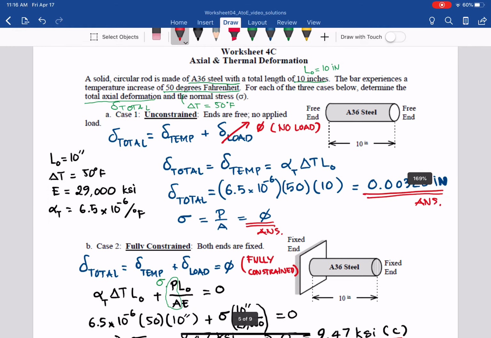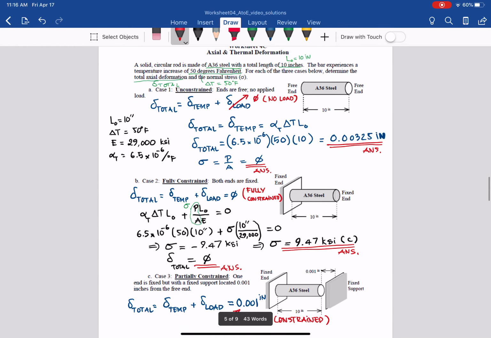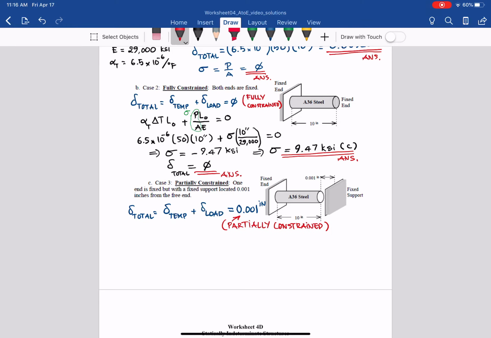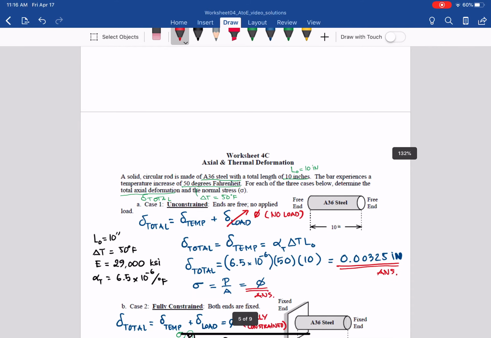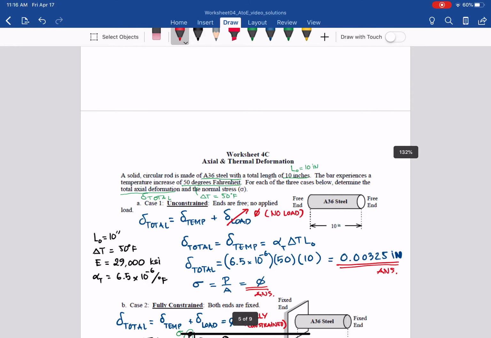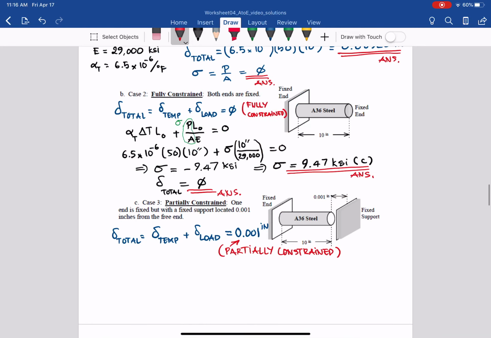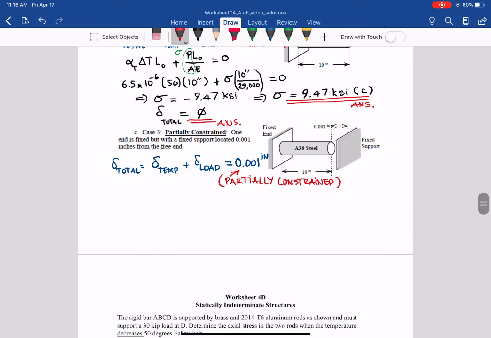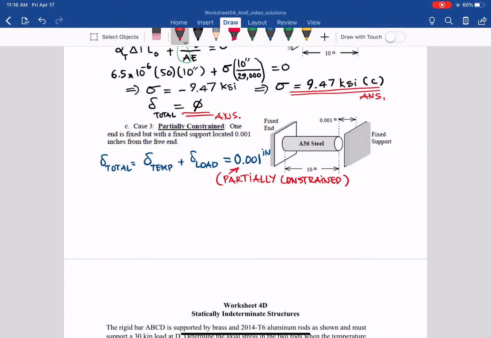So that will go to case number 1, because the gap between the steel member and the right side fixed support, the wall, is big enough that whatever the expansion due to the temperature increase will not hit the wall. Then it goes back to case number 1. But in this case, the gap is too small, so the steel member reaches the right side wall, so you have that total.